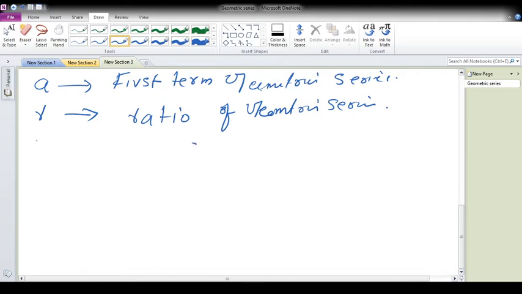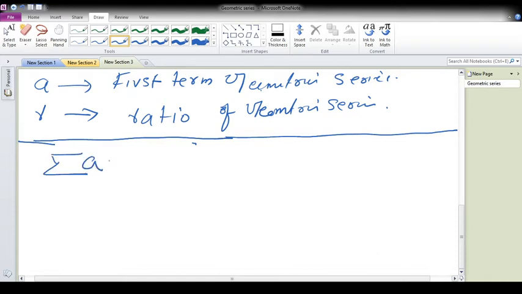Next, we can discuss its convergence. We know the geometric series is the summation of ar^(k-1), k equal to 1 to infinity. So we can discuss r equal to 1, the common ratio is 1. Then what will we get?